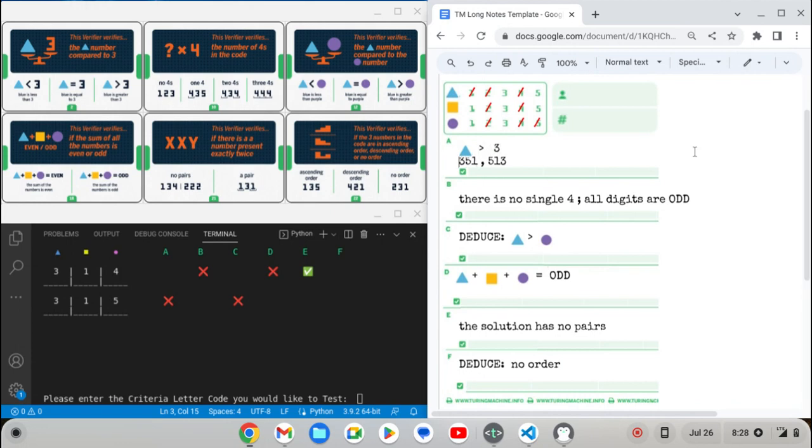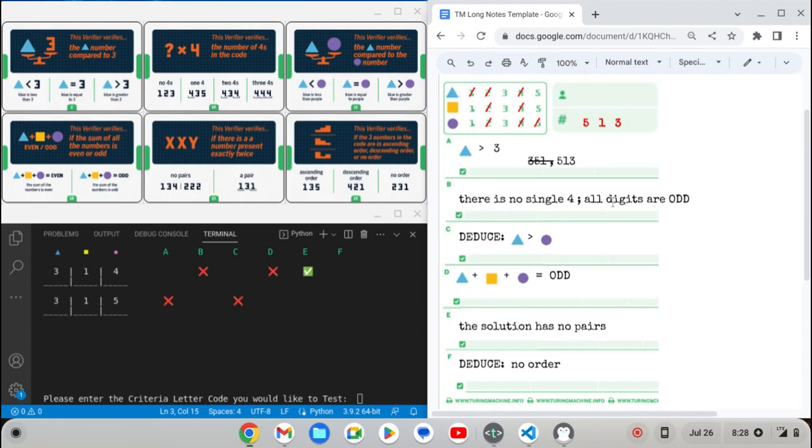And let me move these solutions a little bit further to the right to make it look better. So it's not 3, so it can't be this answer choice. And so it must be 5, 1, 3. Let's type that up. So 5, 1, 3.